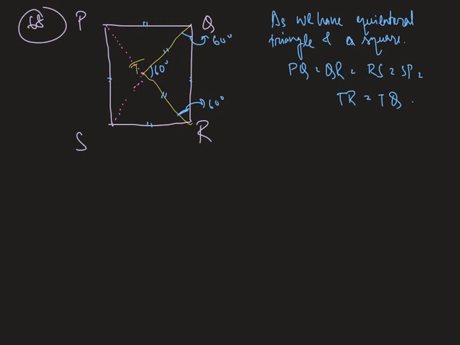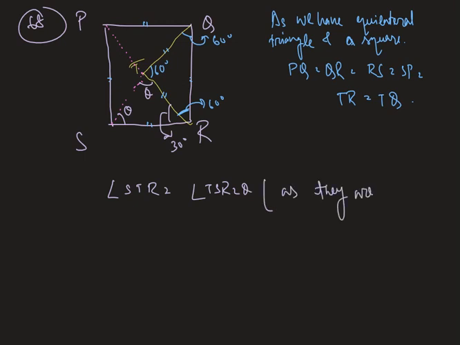Now as this angle is 60 degrees, therefore the angle TRS must be 30 degrees, and let these two angles be theta. These two angles are equal, as angle STR is equal to angle TSR is equal to theta, as they are opposite angles of equal length sides.